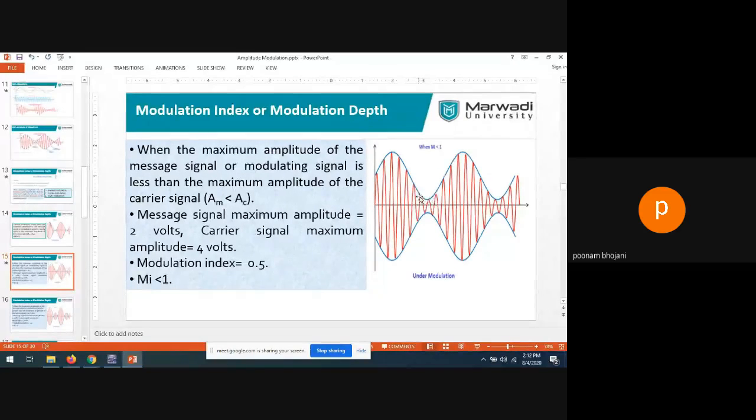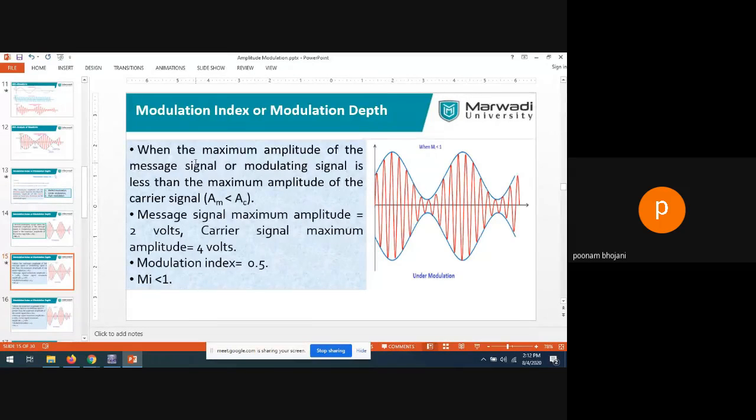So your envelope will not reach 0. Your carrier signal starts decreasing in amplitude, but after some point of decreasing, again it will start increasing. It will not reach up to 0 in under modulation. So this is the modulation index that is less than 1, and you will get the under modulation process.